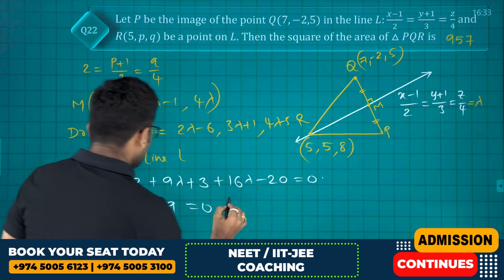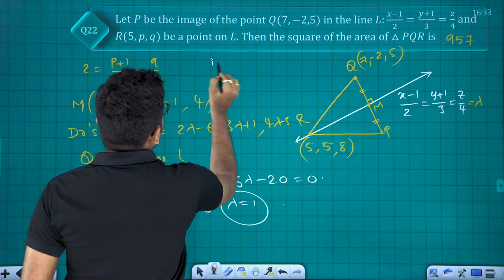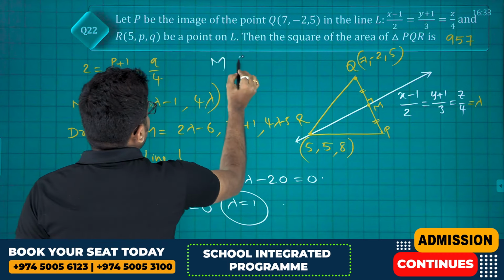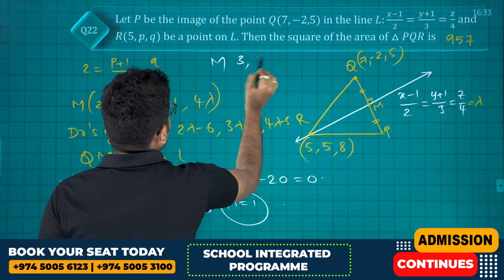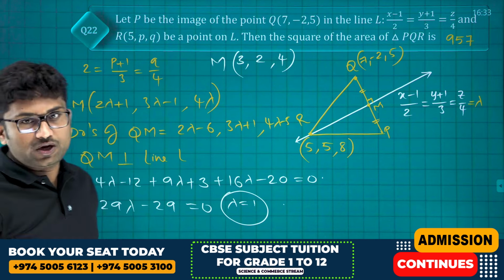Clear? That means lambda is equal to 1, friends. So the coordinates of M will be 3, 2, 4. Now we have M.